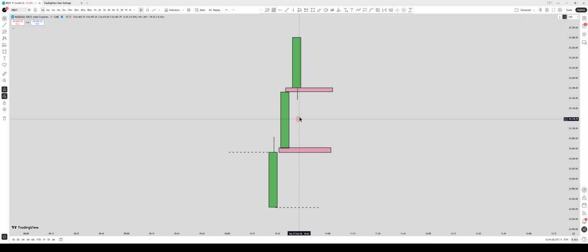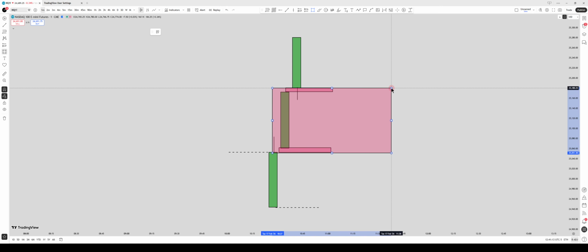We're using the whole thing because we have two volume imbalances. We're not going to use the wicks. We're going to use the whole thing with the volume imbalance like this. That is what makes a suspension block.